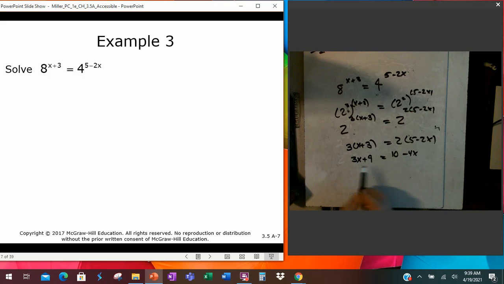Get all my x's on one side, so plus 4x on both sides: 7x plus 9 is equal to 10. Minus 9 on both sides to get rid of that: 7x is equal to 1. And then x is equal to 1/7. And then we should go back and check to make sure.